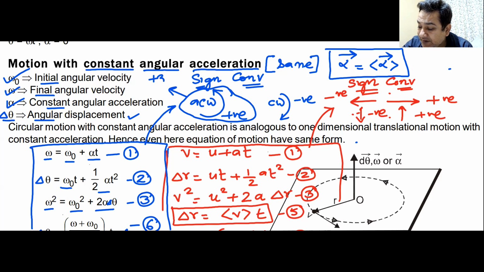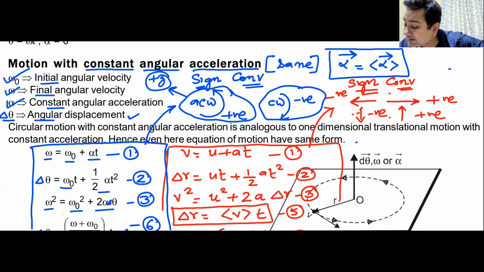According to simple sign convention, positive x, positive y, and positive z. This positive z axis comes out of the board of your paper, and therefore this anti-clockwise is taken as positive, and this clockwise basically represents minus z axis. This clockwise represents minus z axis, and therefore it is taken as negative.